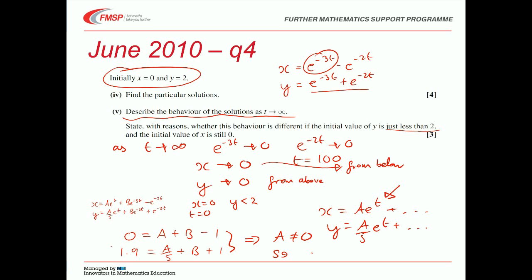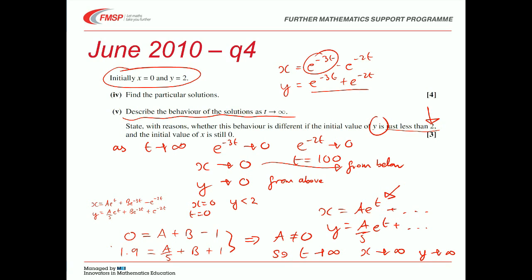So what you need to spot straight away is that as t goes to infinity, x and y will go to infinity now, because that term is growing instead of shrinking to 0. So it makes all the difference. A tiny, tiny change in y, even if it's just less than 2, suddenly means these solutions don't decay to 0. They actually grow exponentially as t gets bigger.